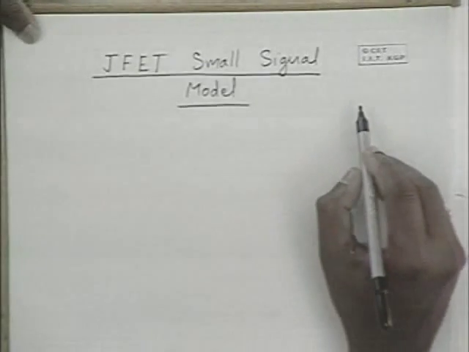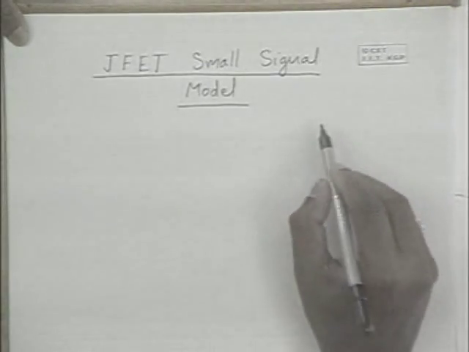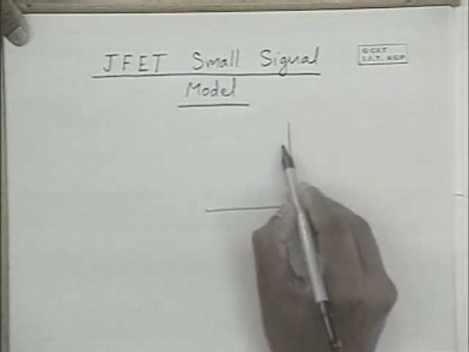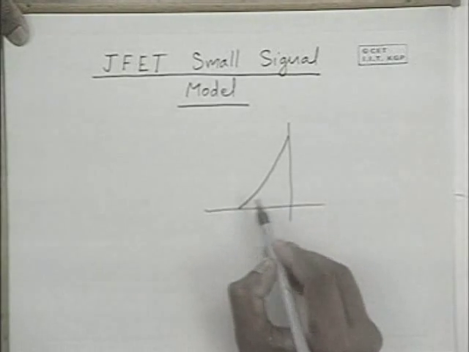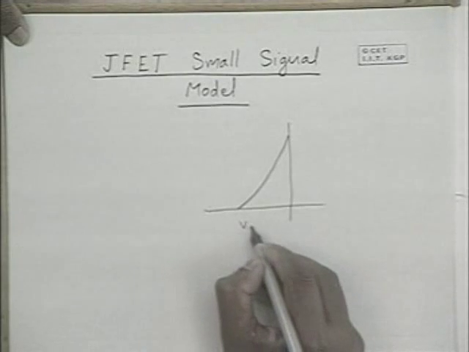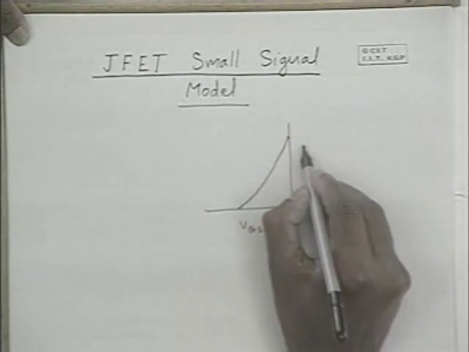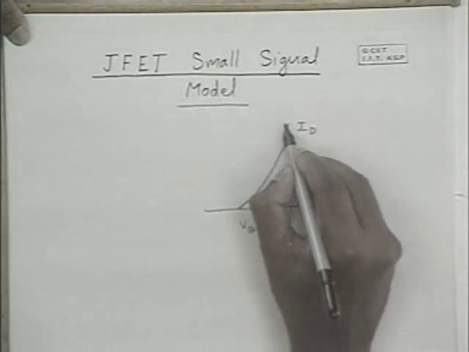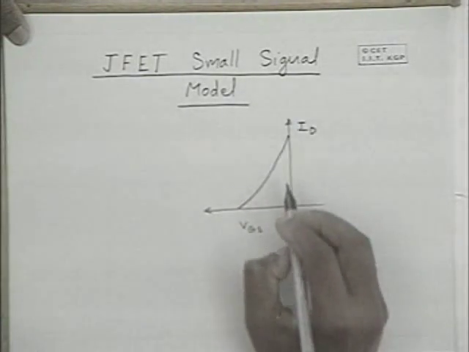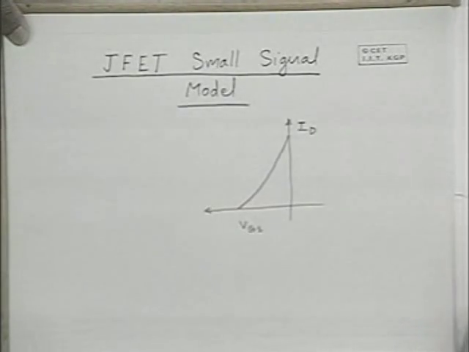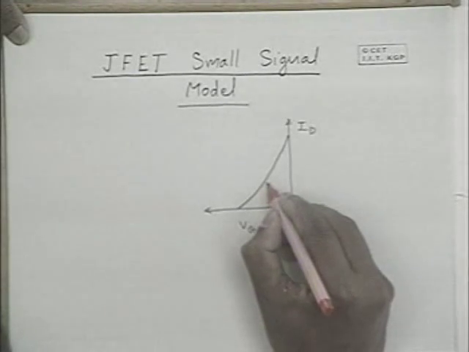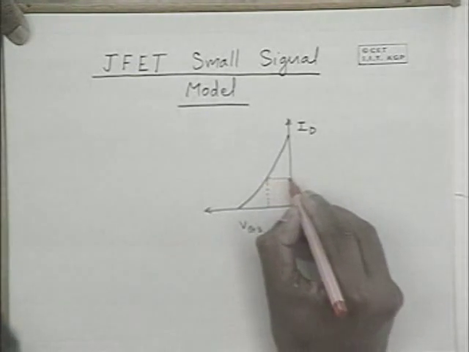Now, if you look at the FET characteristics, you will find that it is a voltage controlled device. So input side voltage VGS decides the output current ID. When you operate the FET at a certain quiescent VGS, it will give you the corresponding ID.